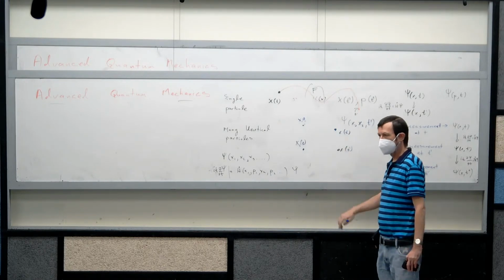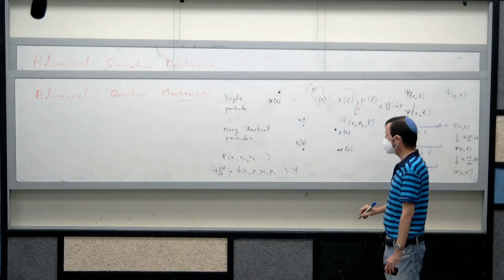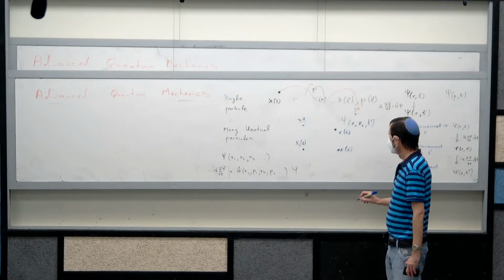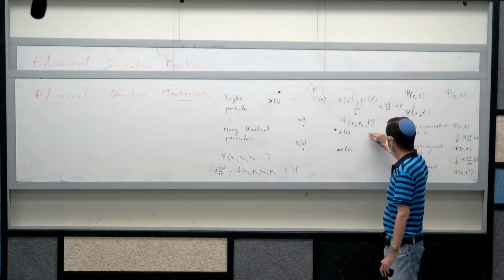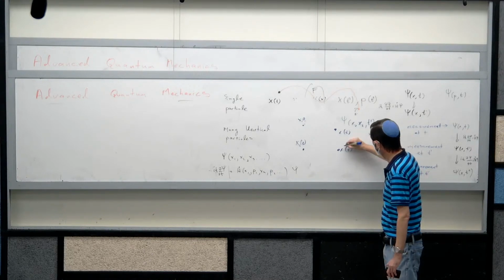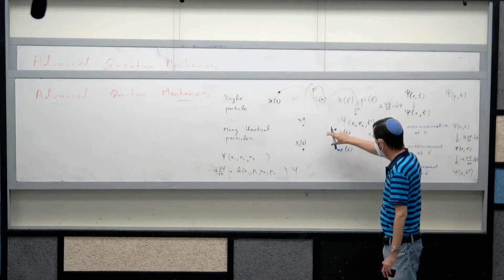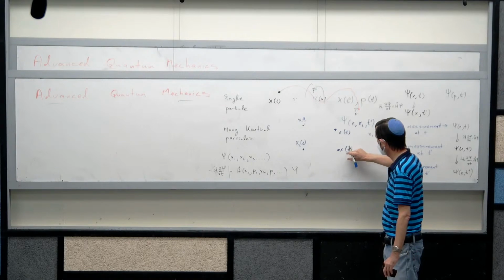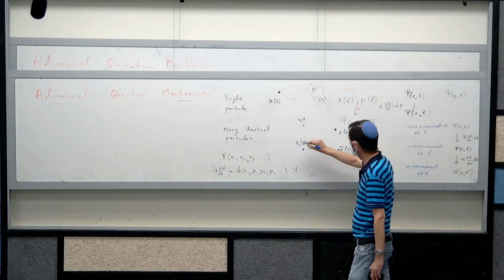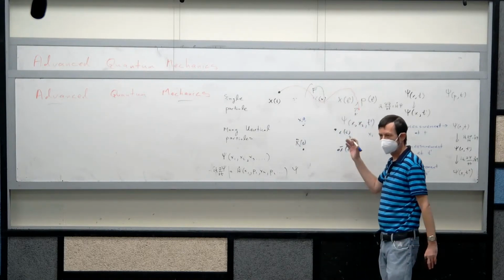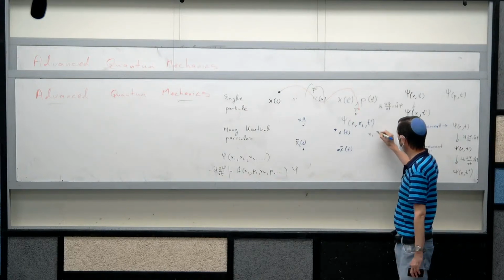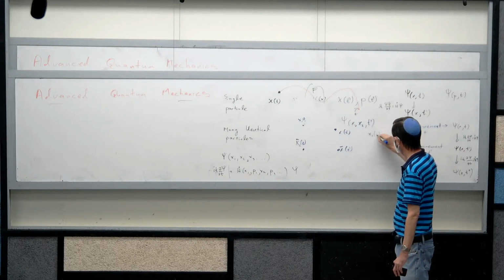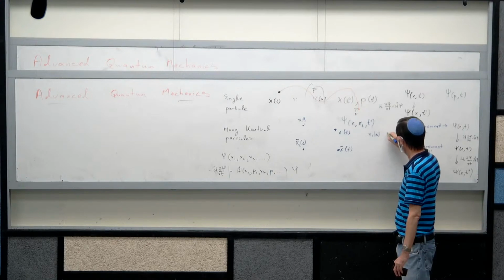Basically, I could come and tell you that you have here x1 t prime and here x2 t prime.